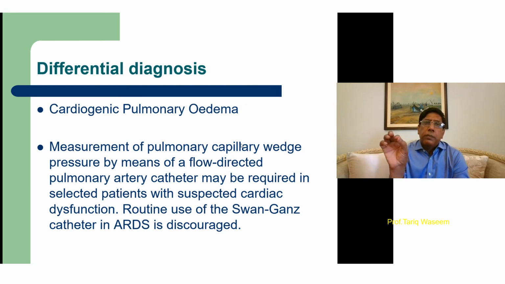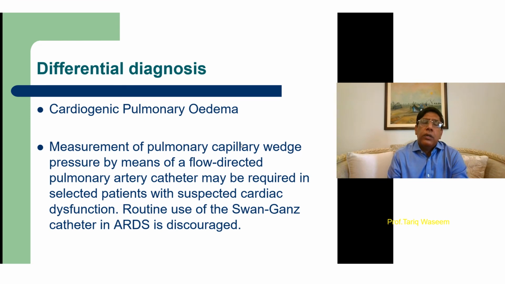Now, if you record the pressure by attaching a manometer, the pressure you record is actually a record of the left atrial pressure, or what is called the pulmonary capillary wedge pressure.